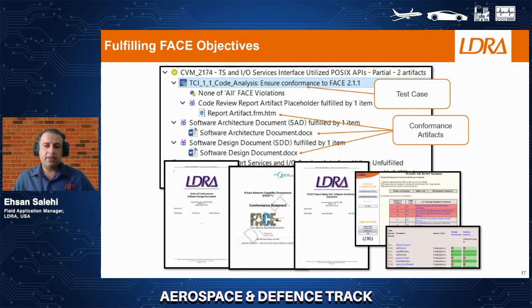The user can provide their artifacts such as the interface control document or ICD, software product specification or SPS, interface design description or IDD, software requirement specification, interface requirement specification or IRS, software test plan, software architecture descriptions, and also software test reports. Basically, these are the artifacts that the user must provide for one or many of those CVM requirements associated to the segments.